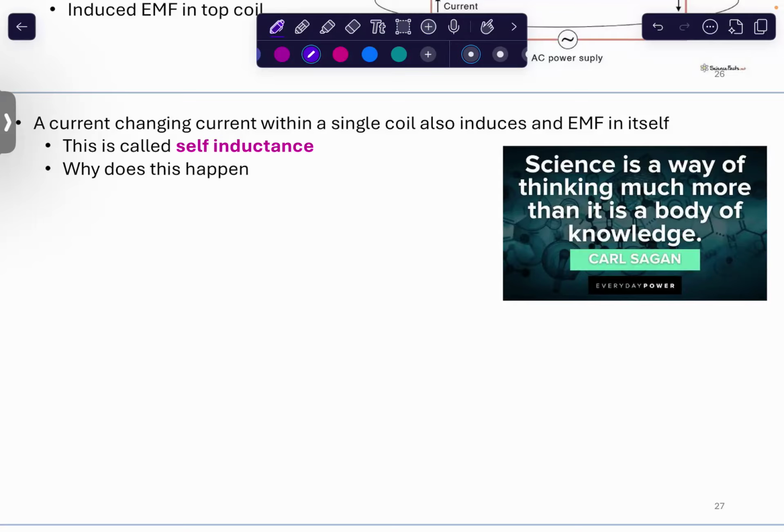Okay, so to get to our induction equation, we're going to start back with Faraday's law. So we remember that earlier we had an equation, our magnetic field.